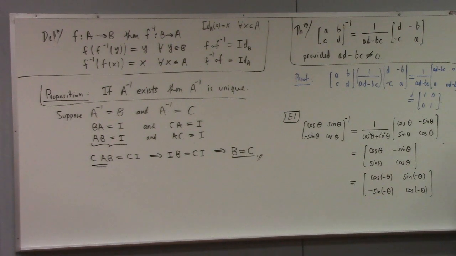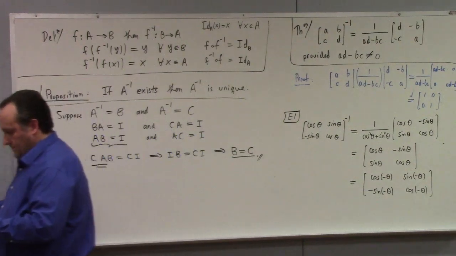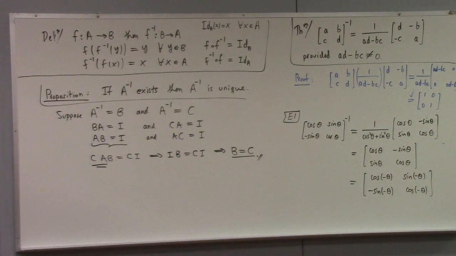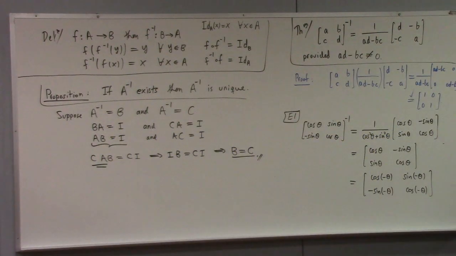For AZ equals AW, that implies what? The proof here is just a calculation, right?